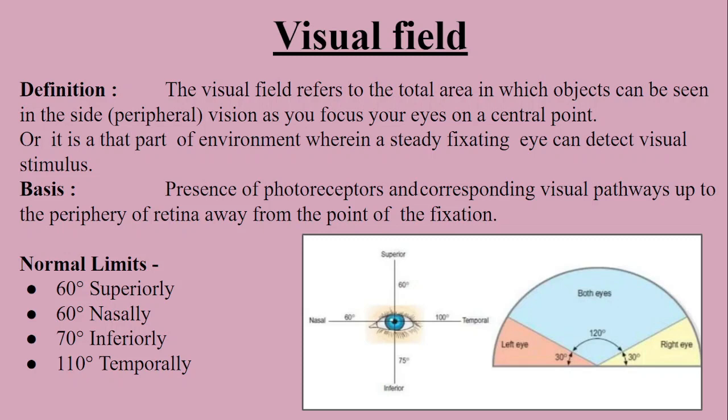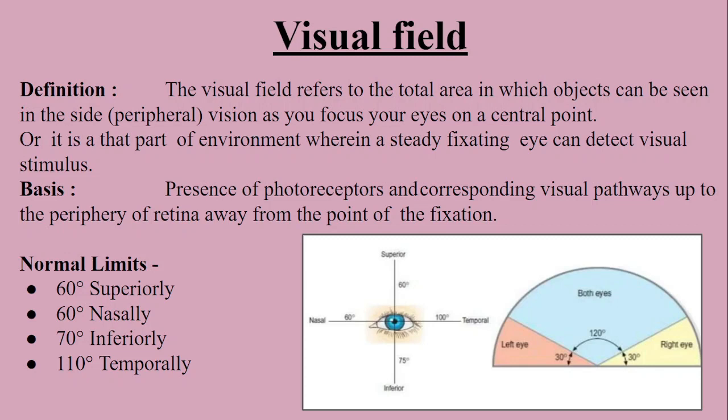So today I will discuss our eye's visual field. What is the definition of the visual field? The visual field refers to the total area in which objects can be seen in the peripheral vision as you focus your eyes on a central point, or that part of the environment wherein a steady fixing eye can detect a visual stimulus.